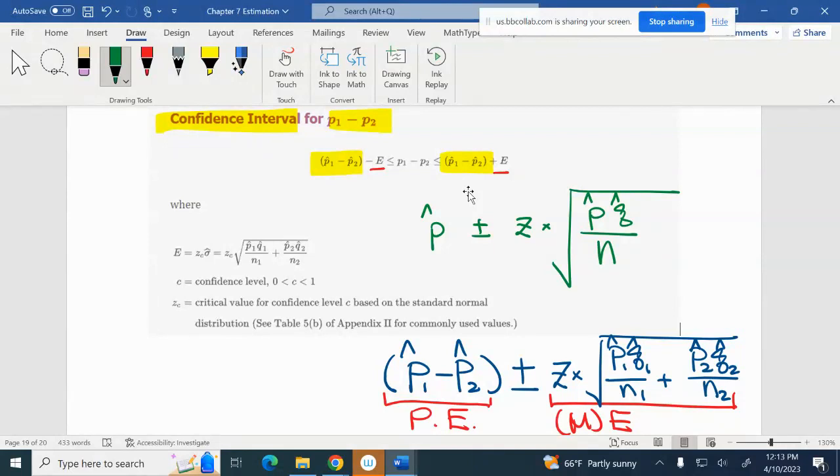Z-score, z-score, and here P Q over N, but with 1, 1, 1, and the other P Q hat over N with 2, 2, 2.